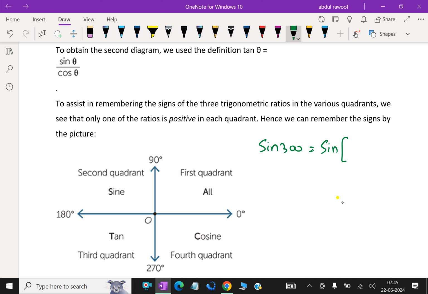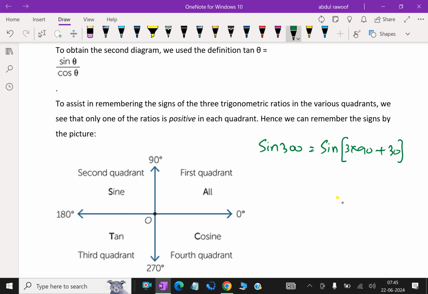Here 300 is 3 into 90, that is 270, plus 30.